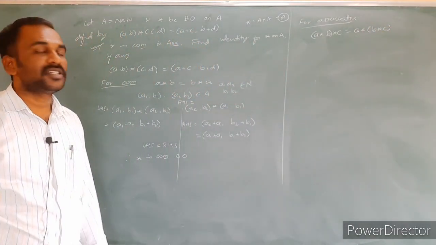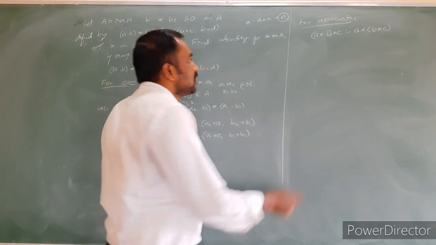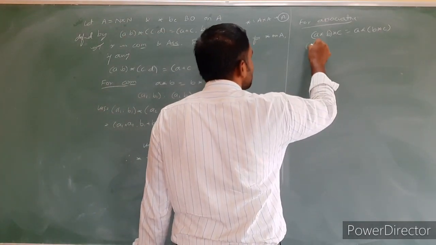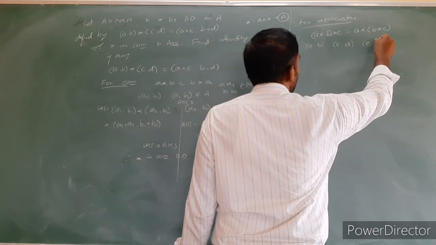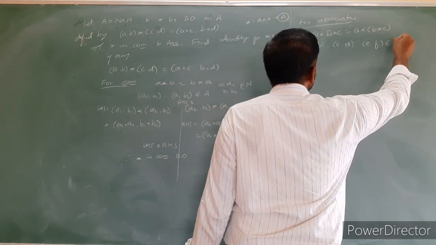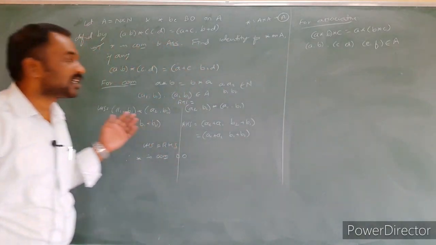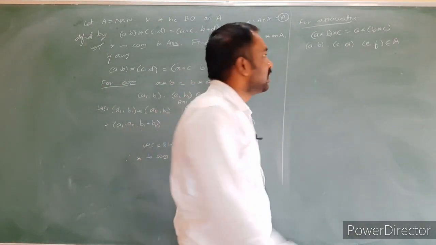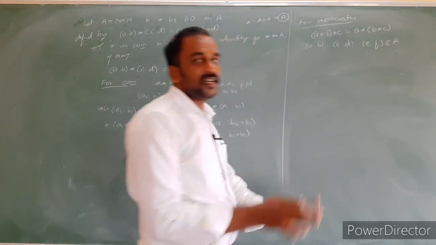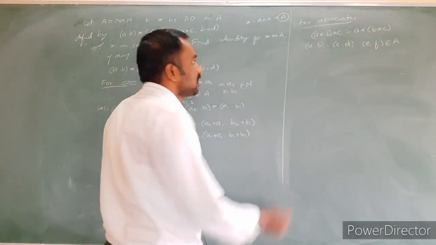Instead of this, I consider (a, b), (c, d) and (e, f) belonging to the set A. Either you can consider a1, b1, a2, b2, a3, b3, or choose in this way, it doesn't matter. Anyhow, you consider three different ordered pairs and apply the associative law.